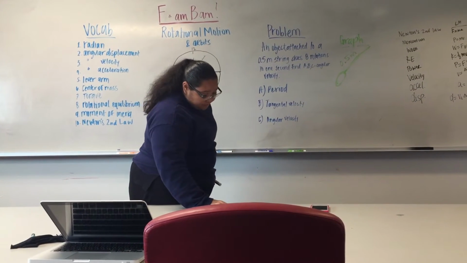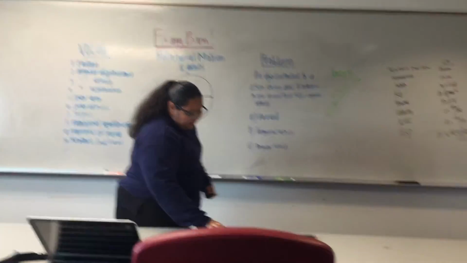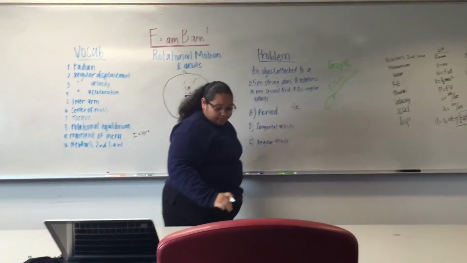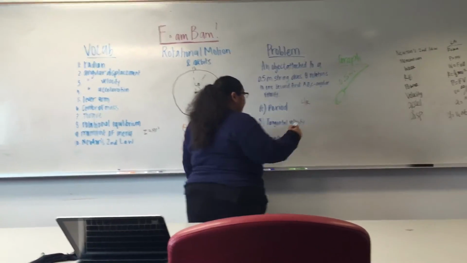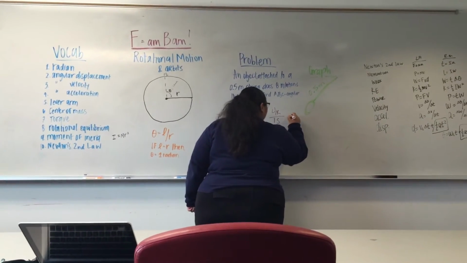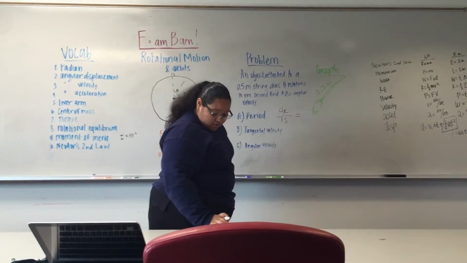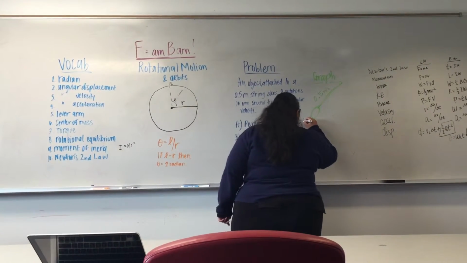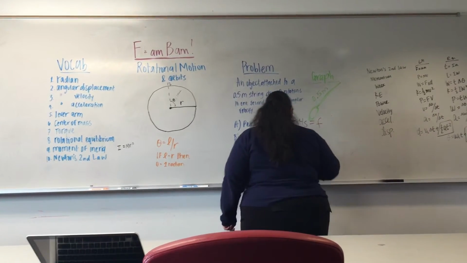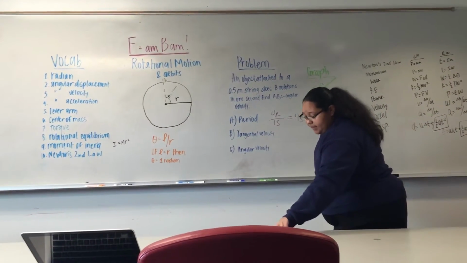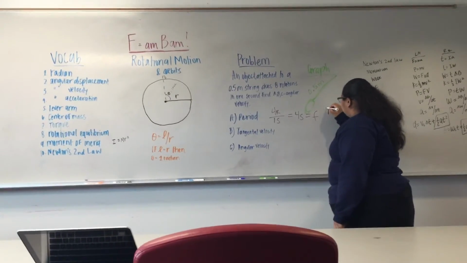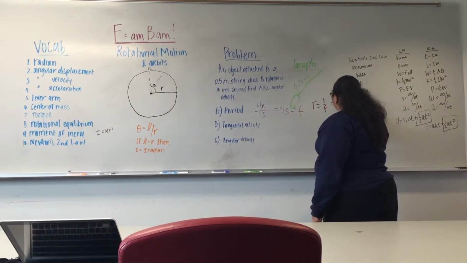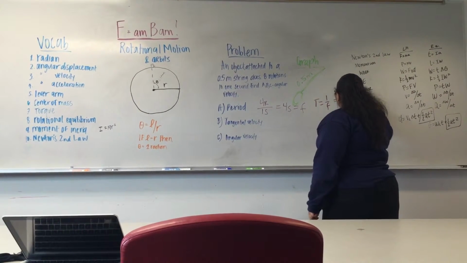To find the frequency, the object does 4 rotations in 1 second, which will equal 4 hertz, which is f. Now that you found frequency, T equals 1 over f. So then this will equal 1 over 4, and that is your period.